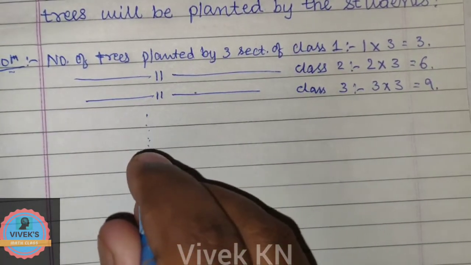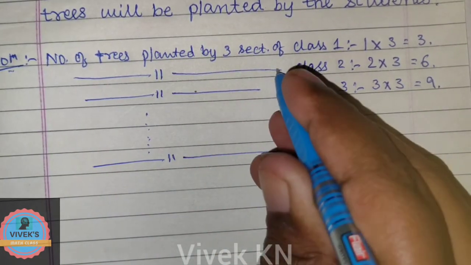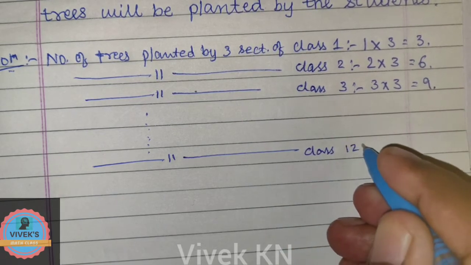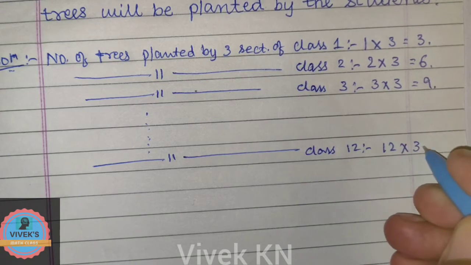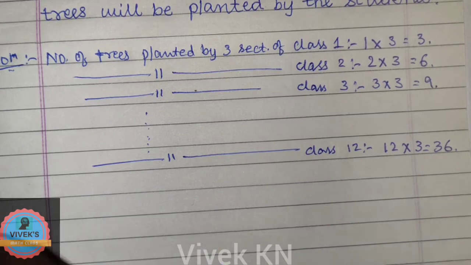Up to number of trees planted by 3 sections of class 12, that is 12 into 3, which is equal to 36.